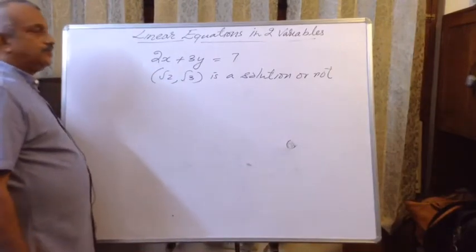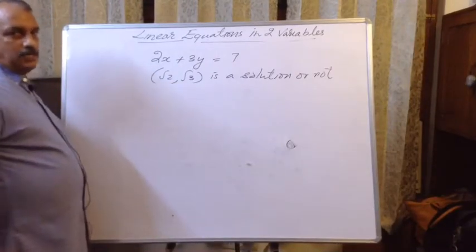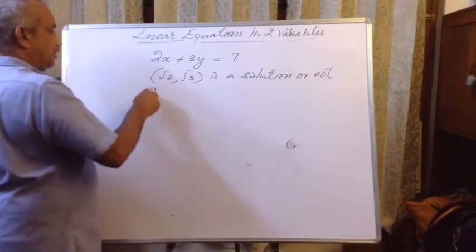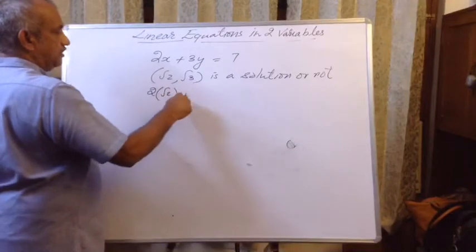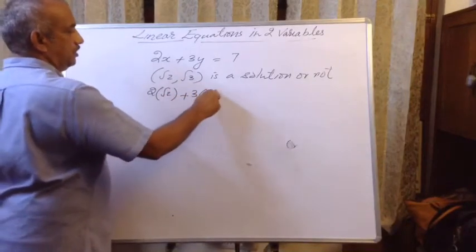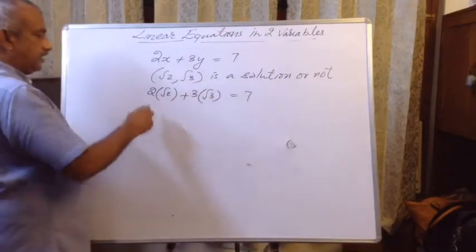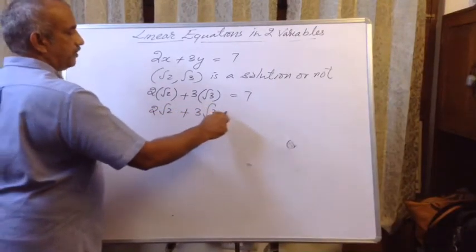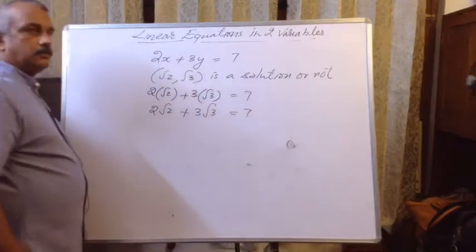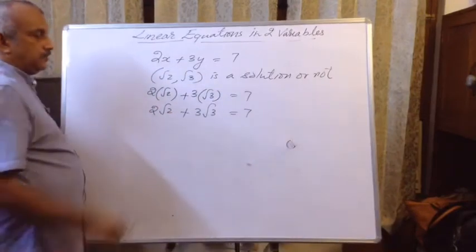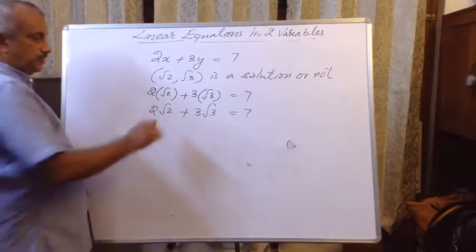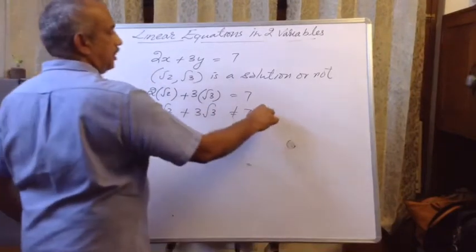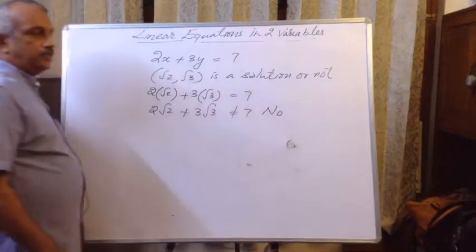If you get LHS is equal to RHS, then we'll write yes, otherwise we'll write no. So 2 into root 2 plus 3 into root 3 is equal to 7? What are we getting? 2 root 2 plus 3 root 3. Are they equal to 7? This cannot be simplified further because one is root 2 and one is root 3. So not equal. So the answer is no, it is not a solution.